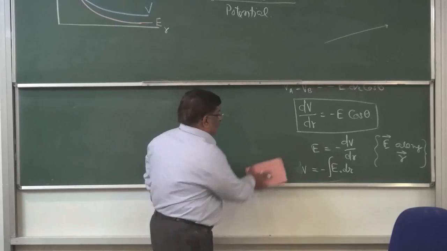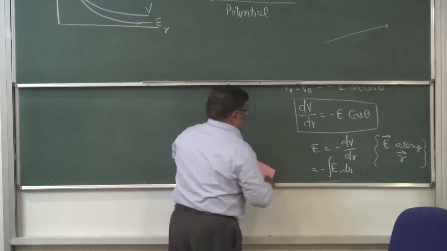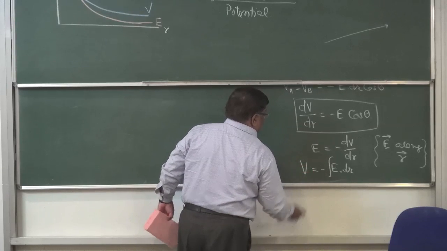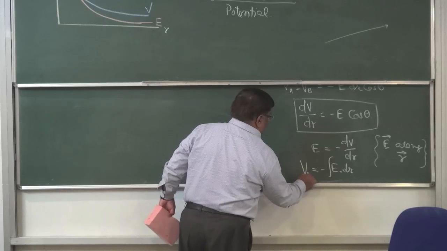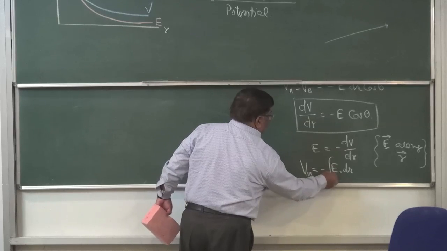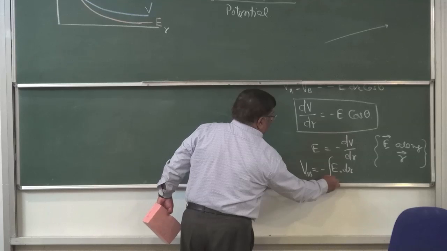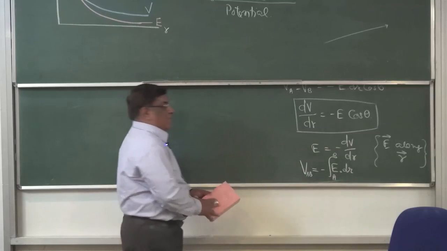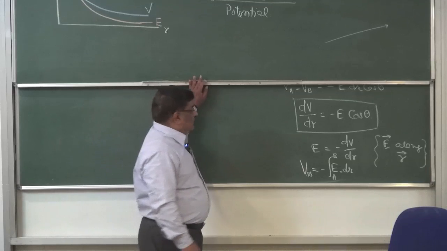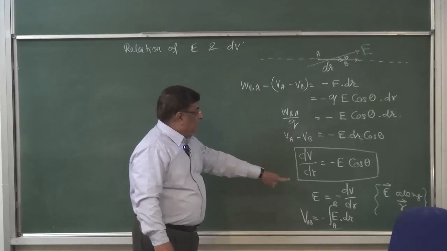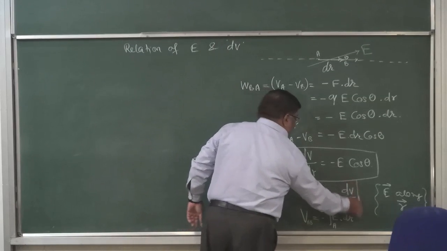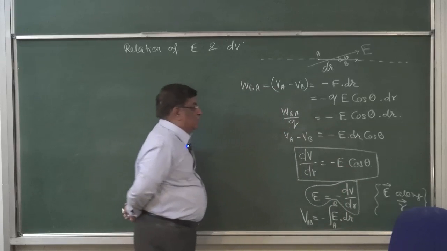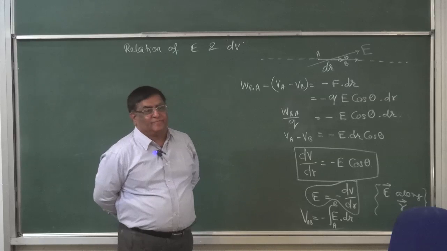So the formula for potential difference with reference to E, the potential difference A to B, is the integration from A to B. So this is the main formula you must remember: E is equal to minus dV by dr.